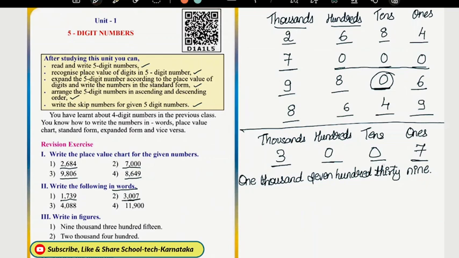Since hundreds and tens place we have 0, we usually skip this and read this number as 3007.